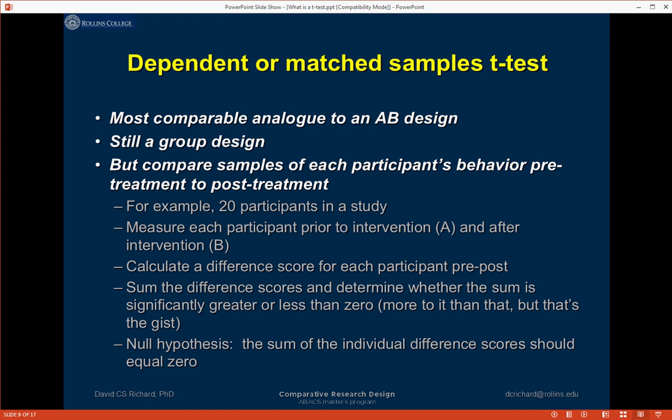Because if the null hypothesis is true, that the treatment doesn't work, then when you sum those difference scores across all subjects, the sum should be pretty close to 0. It may not be exactly 0, but so close that chance or measurement error could account for any deviation from 0. So the null hypothesis in that case is that the sum of the individual differences should equal 0.